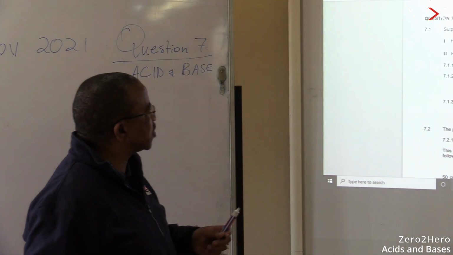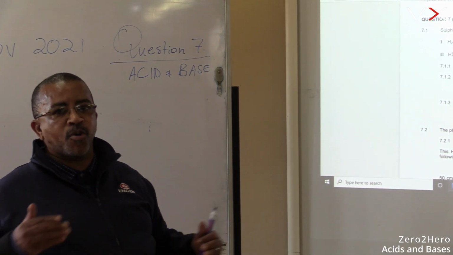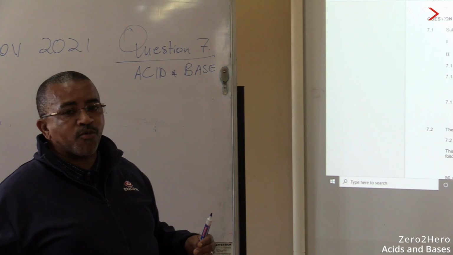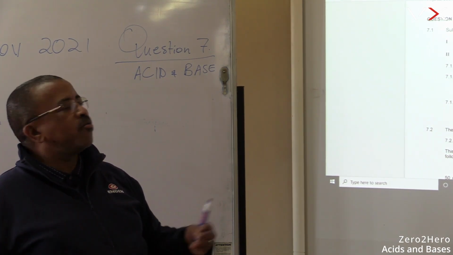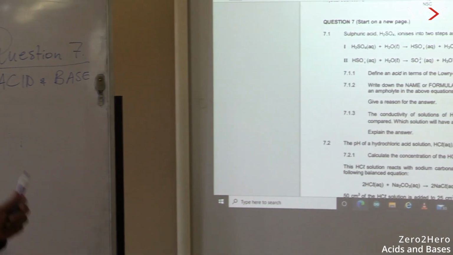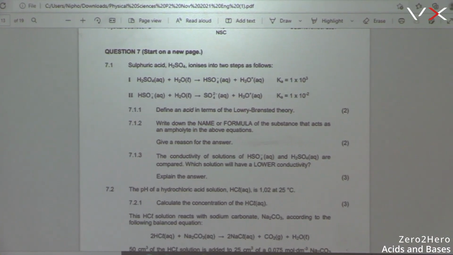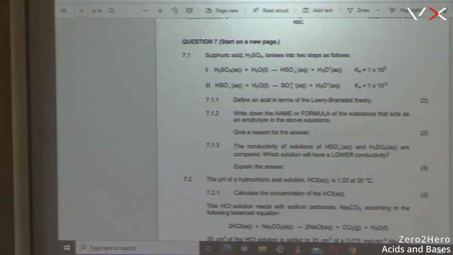Hence HSO4 minus, the conductivity is low. So when you compare the two, HSO4 minus donates H+ less easily, you see how its Ka value is. So I'm explaining the answer. The one with a lower conductivity is HSO4 minus.